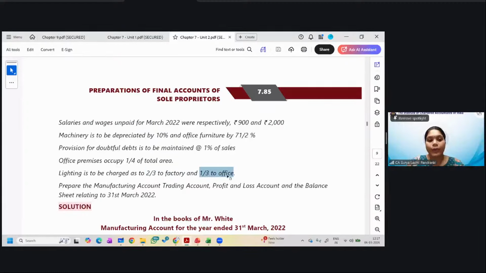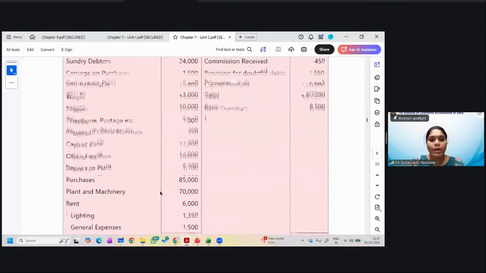That is why they have given you that breakup. Same way with office premises, they are talking about the rent, because rent cannot completely go to the P&L statement. 1/4 has to go to the P&L statement, and 3/4 will go to your manufacturing account because it is part of the factory. Now they're asking you to prepare the manufacturing account, trading account, P&L and balance sheet, all as on 31st March 2022. Okay, we'll start doing it.